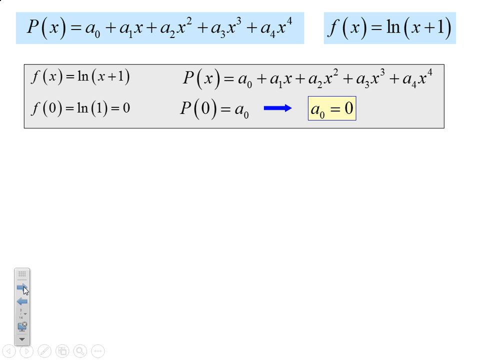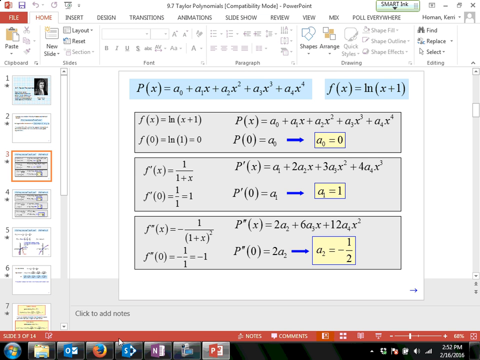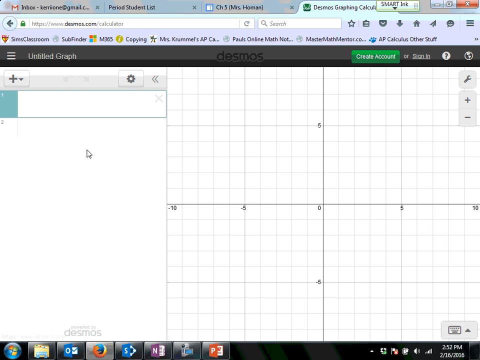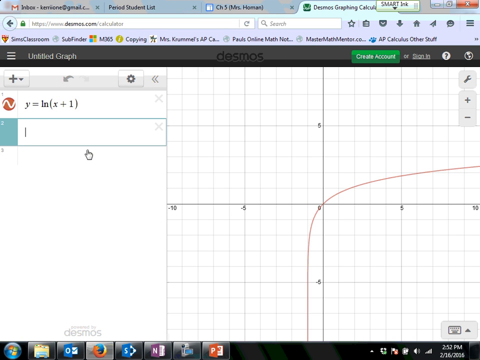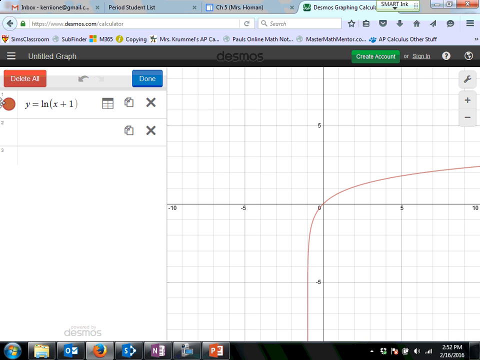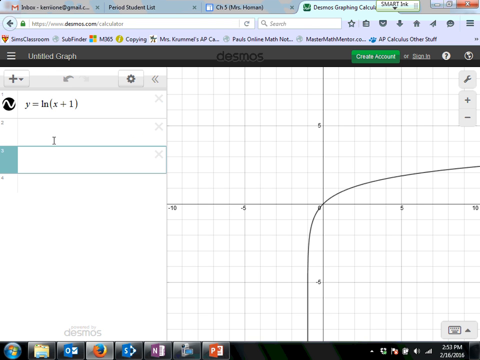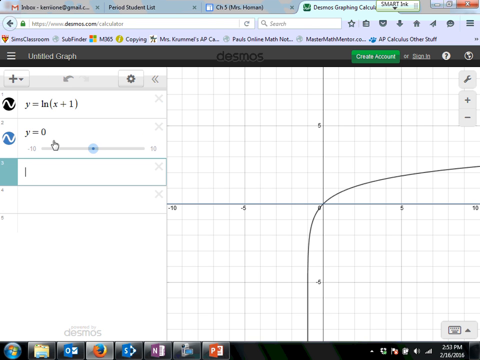So we know one thing about our polynomial. In Desmos, y equals natural log of x plus 1, and now we have y equals 0. That's what we have so far. Not a great approximation.